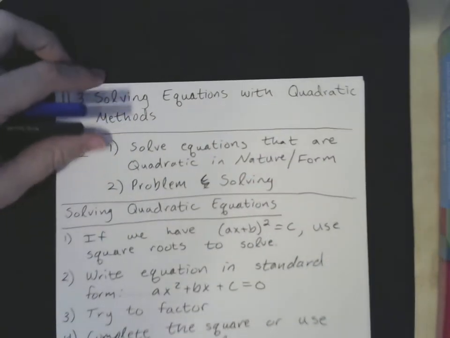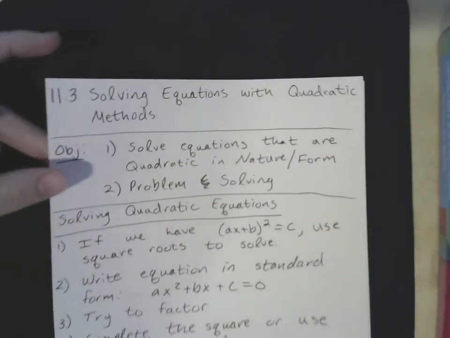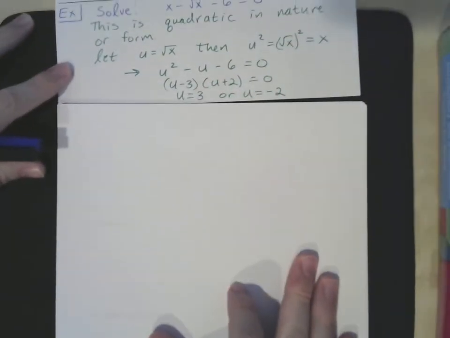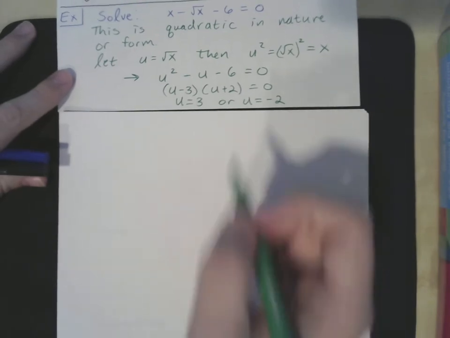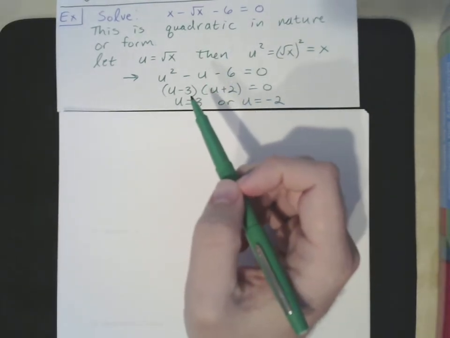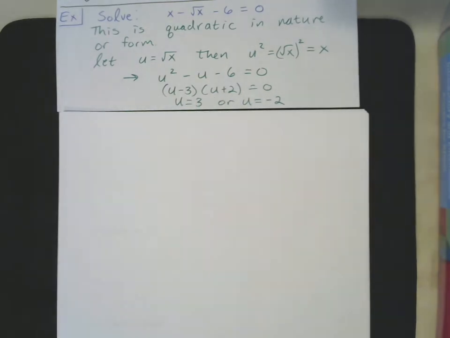Now, this is where we have to add some extra bits when we have these quadratic in nature equations. Because they're not true quadratics, we're solving them quadratically, we have to go back and check our work. We actually did this back in chapter 7 when we were doing rational functions and rational equations. Every time we got a quadratic equation and used the quadratic formula, we said we have to go back and check to make sure we don't bump out of the domain.